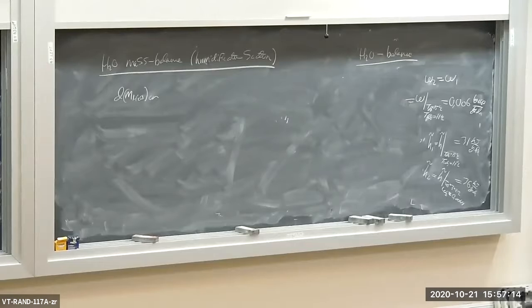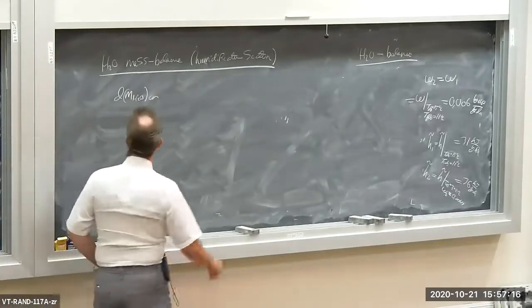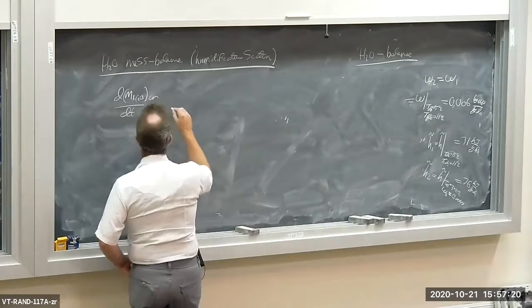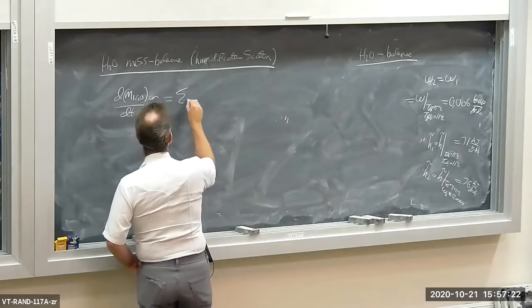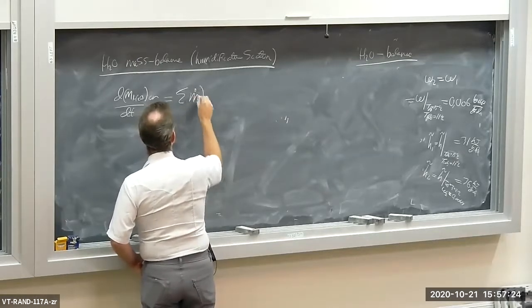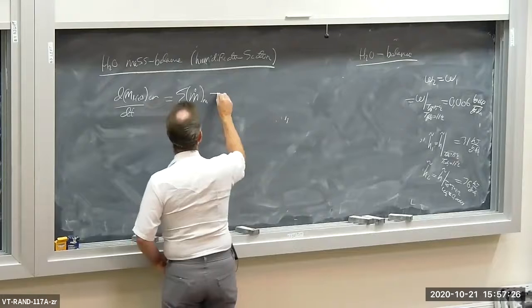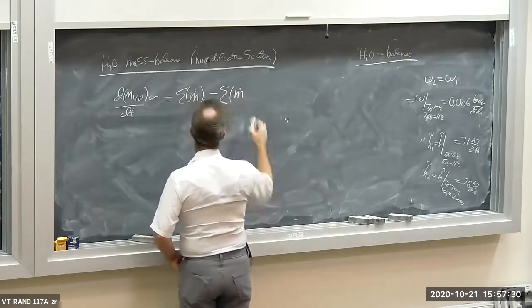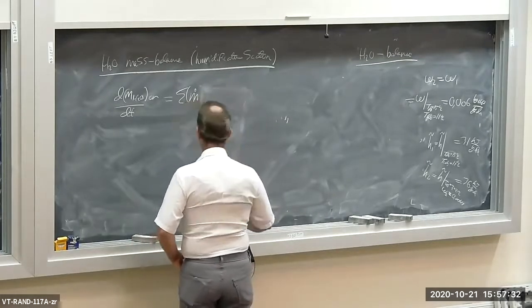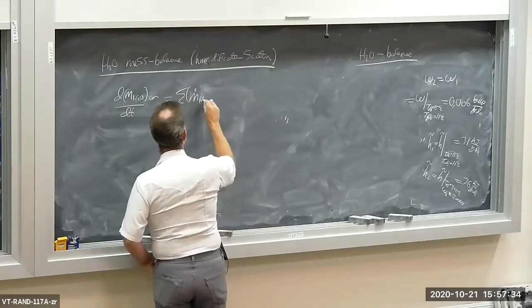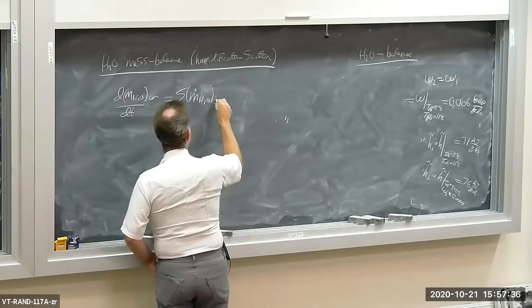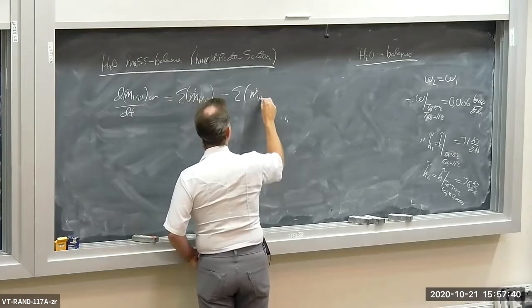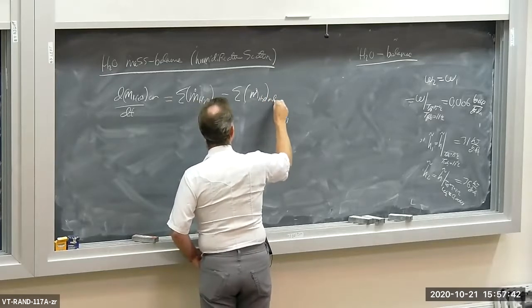The time rate of change of H2O within my humidification section is equal to the sum of m dot H2O in minus the sum of m dot H2O out.